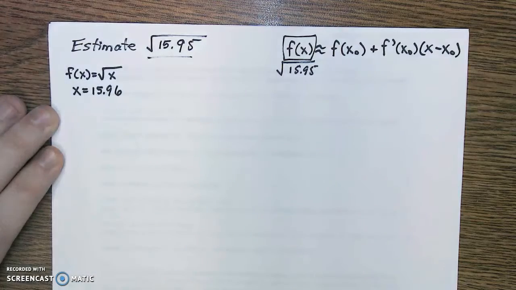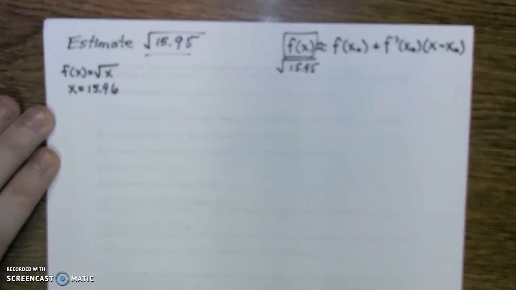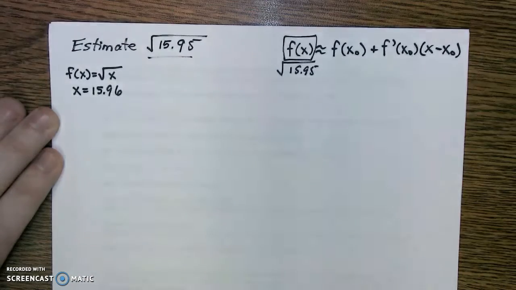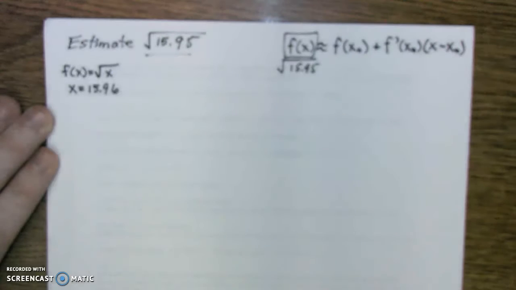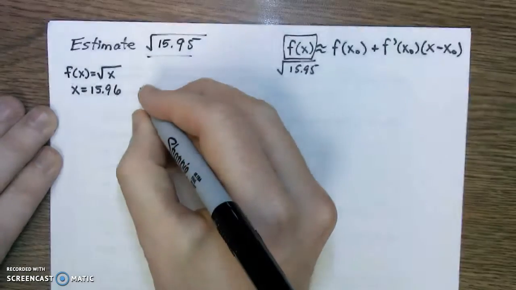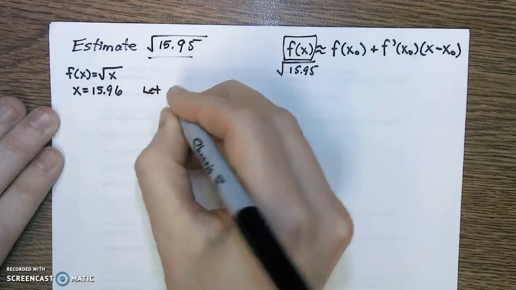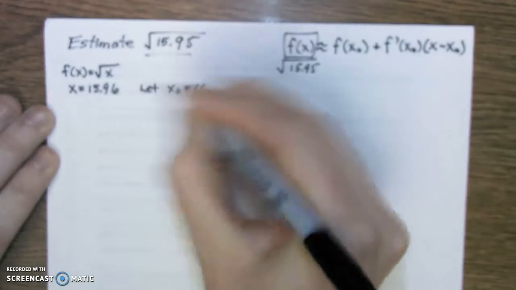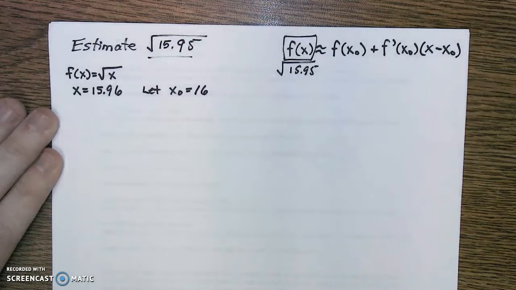Now what we're going to do is pick an x value that is close to 15.96 and figure out what the derivative is there, what's the slope at that point, and then approximate what 15.96 would be. So if x is 15.96, we're going to let x sub 0 equal 16, which is the closest square root to 15.96 that we know.